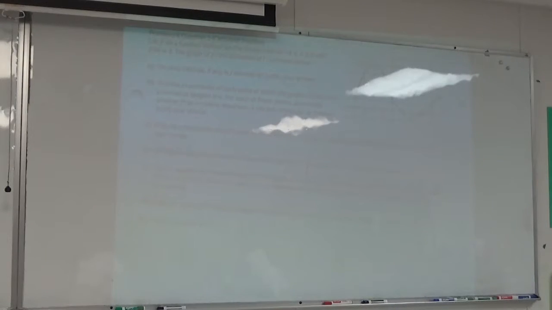Okay, F will have a horizontal tangent where F prime is equal to 0. So wait, where's the horizontal tangent line? Right here you're decreasing, there you go.